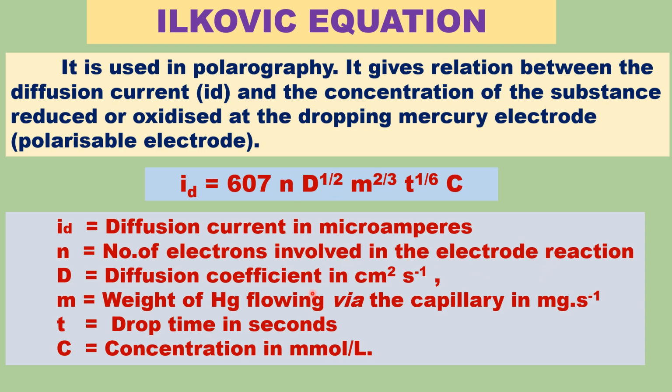D is the diffusion coefficient, how fast it diffuses, in centimeter square per second. m is the weight of the mercury drop flowing per second. t is the drop time, how much time it takes to fall. And concentration is in millimoles per liter.